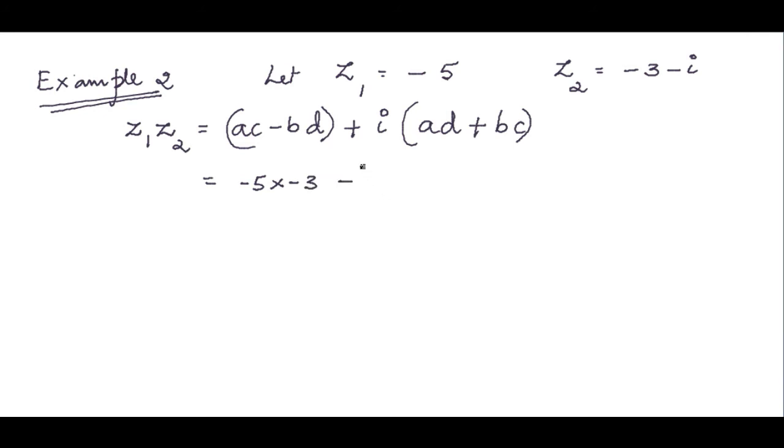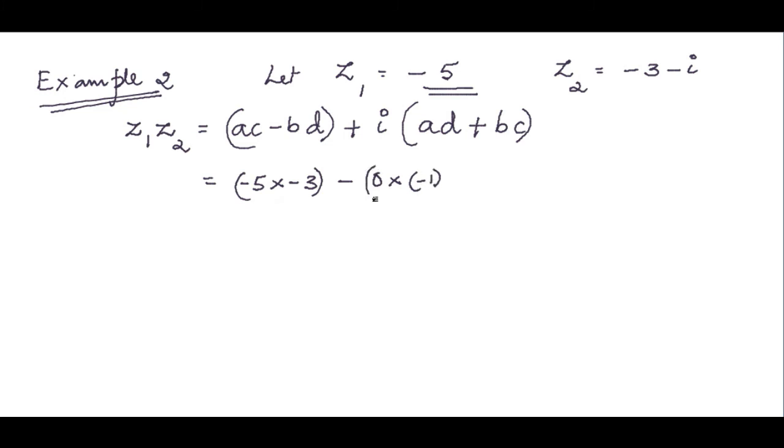Minus B, what is B? B is the imaginary part of the first complex number. See here, in the first complex number, the imaginary part is 0, so you can write it as it is. So it is 0 into D, what is D? D is minus 1.